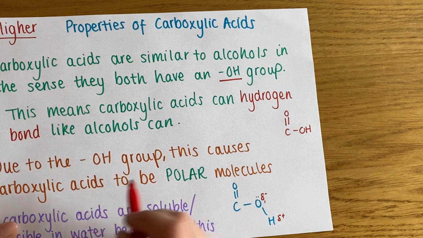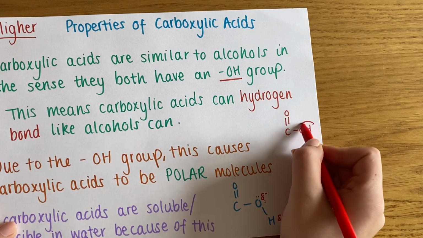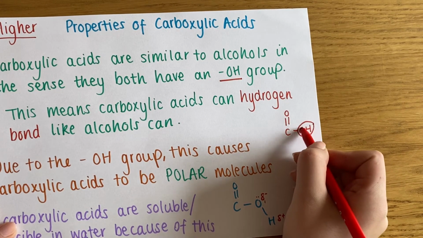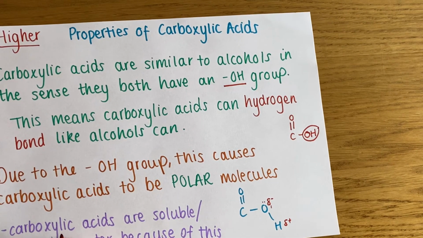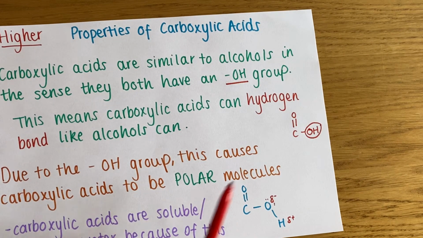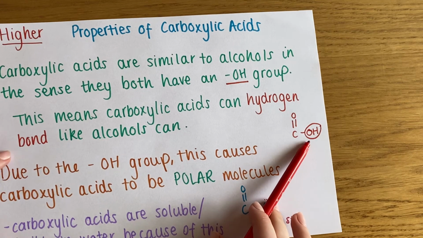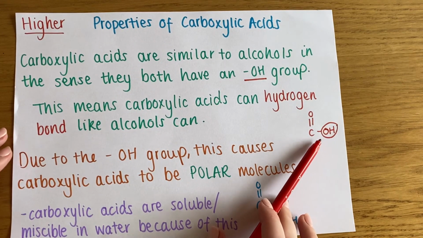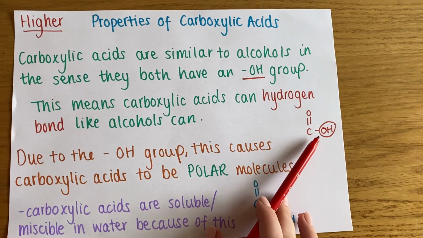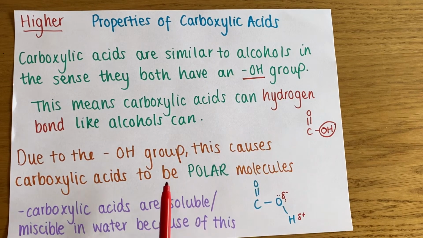Okay, it's important that you know that the OH group on this is basically what allows the reactions to happen. Okay, so your OH, your hydroxyl group on here, allows hydrogen bonding to occur. Okay, and it also causes your carboxylic acid molecules to be polar.